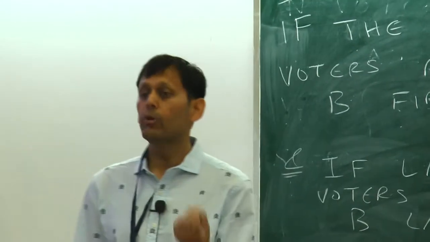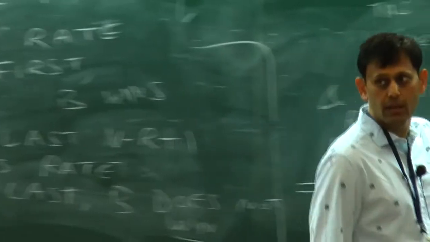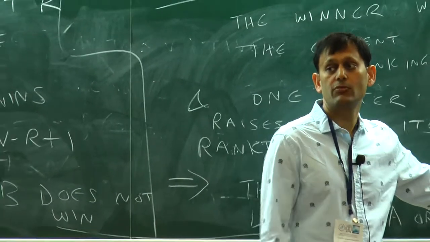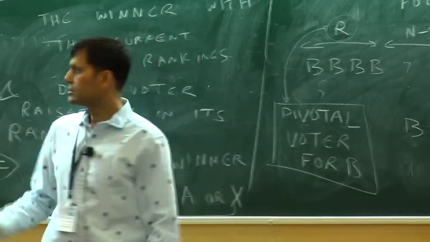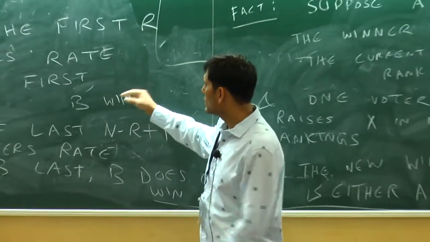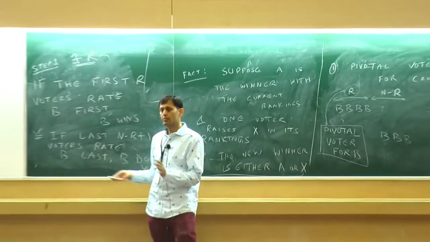So the question is, is R independent of the complete rankings? Yes, but R depends on the voting rule, on the social choice function F. And R could depend on B. So you can think of R as being a function of the voting rule itself and of the pivotal voter B. As long as the first R voters rate B first, it doesn't matter what the rest of the rankings are, B is going to win.